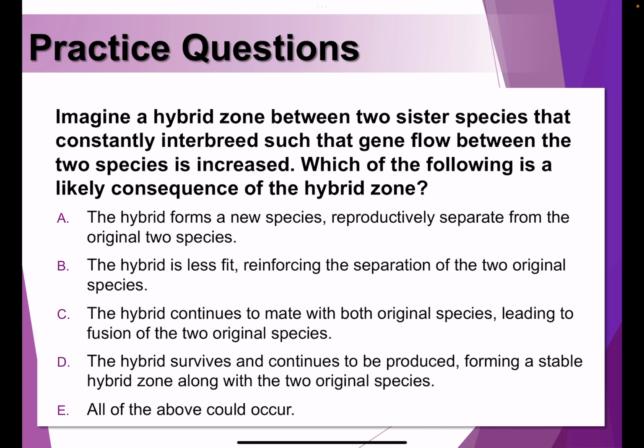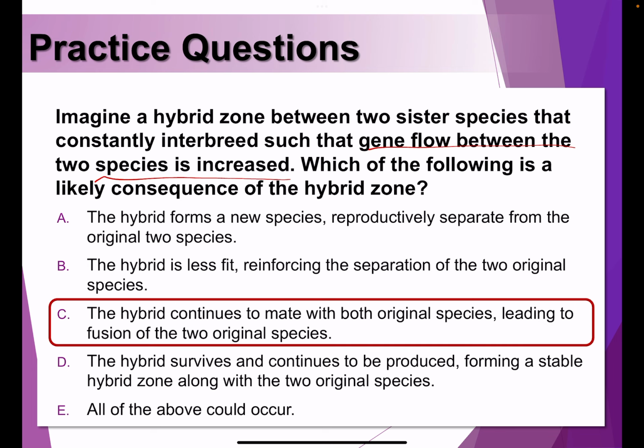Imagine a hybrid zone between two sister species that constantly interbreed, such that gene flow between the two species is increased. Which of the following is likely a consequence of the hybrid zone? Gene flow between the two species is increased, so hybrids continue to mate with both original species, leading to fusion of the two original species.